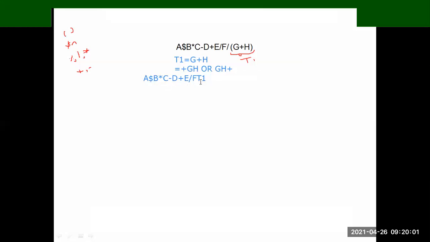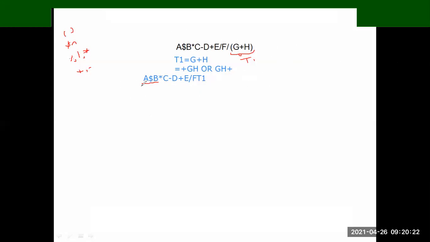So this represents T1 here. Now the brackets, the first priority, we did as T1. In the remaining expression we have dollar, multiplication, plus and by. So first priority is given to the dollar.